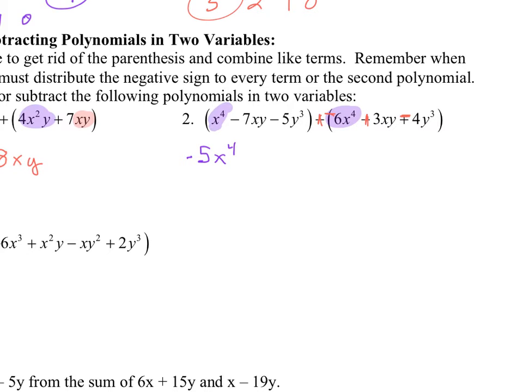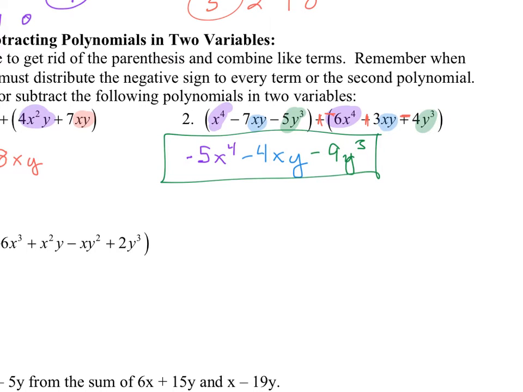Then I have xy and an xy, so a minus 7 plus 3 is minus 4xy. And then I have y cubed in both of them, so minus 5 minus 4, which is minus 9y cubed. I can't put any of those together, so that's a final answer.